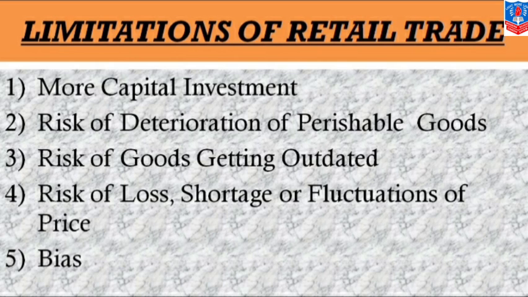The retailer has to take the risk of damage to the goods, shortage of goods, or price fluctuation. Fifth one, bias. The retail traders sometimes have bias against certain producers or their products. Then they tend not to sell products of such producers.